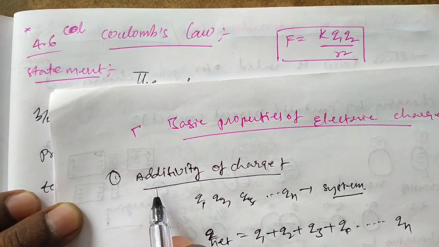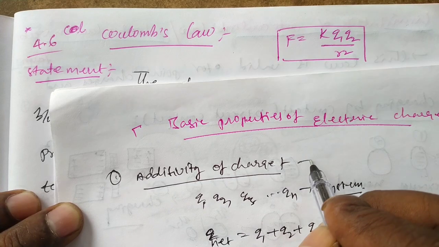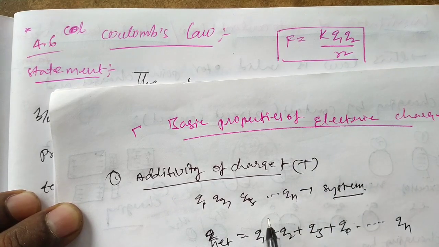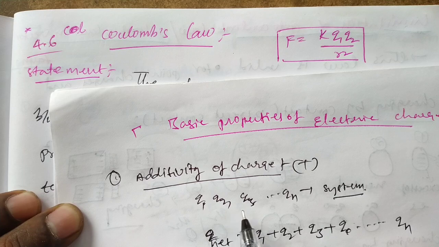That is the total net charge on the system or body. This is the additivity of charge.